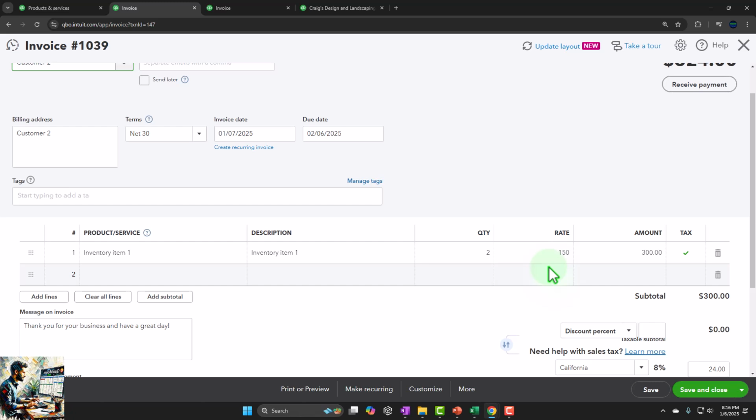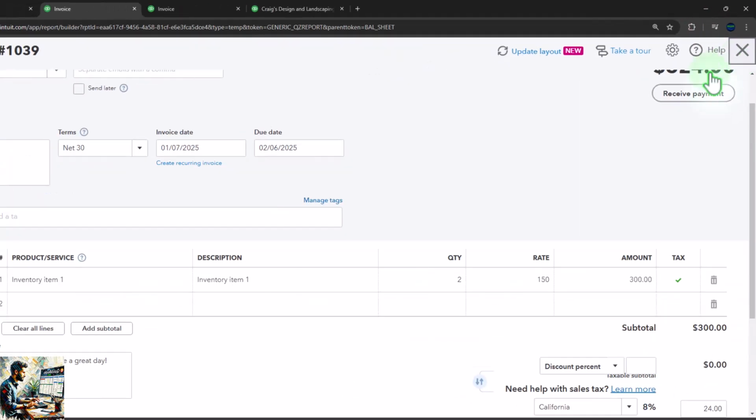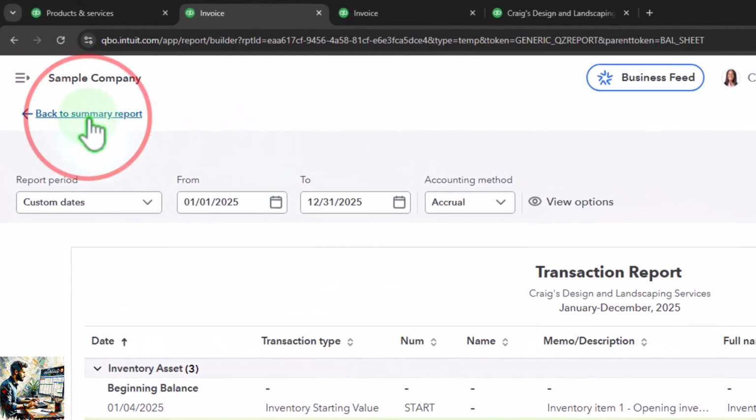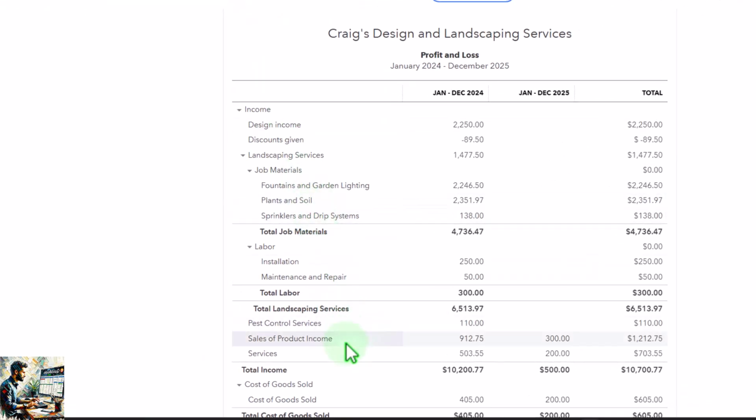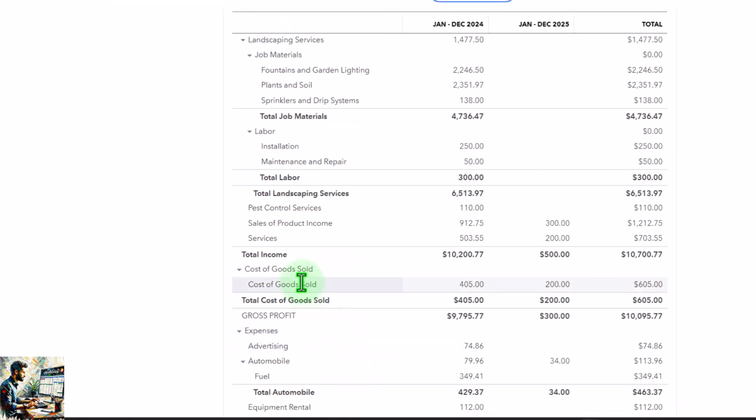You don't see the cost of goods sold, how much it cost them. You only see the sales price, but it's being recorded at that point. Let's go back and back. The other side's going to the income statement for the cost of goods sold. Cost of goods sold, there's the 200 here.